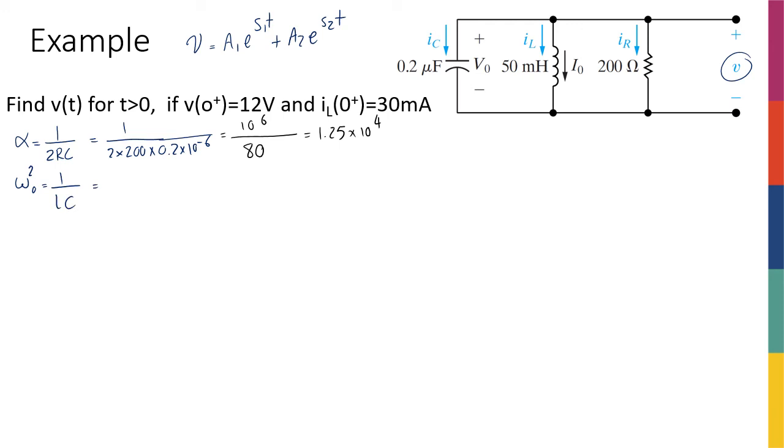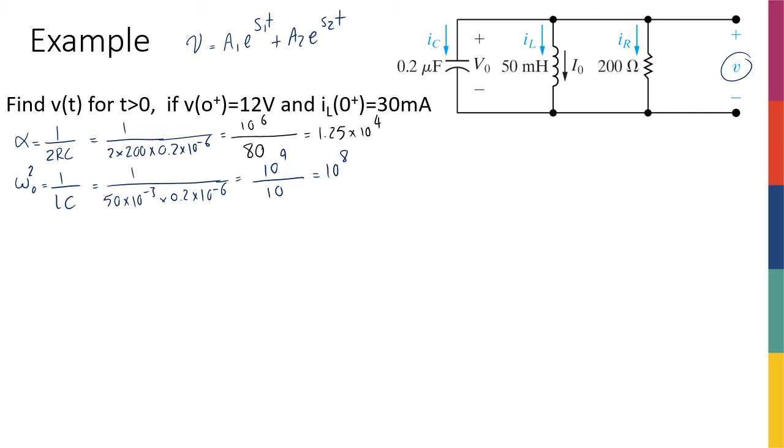It's going to be equal to 1 over 50 times 10 to the power of negative 3, that's 50 millihenry, times 0.2 times 10 to the negative 6, that's my 0.2 microfarad. So this is going to be equal to 10 to the power of 9 over 50 times 0.2, which is 10, so it's going to be 10 to the power of 8.